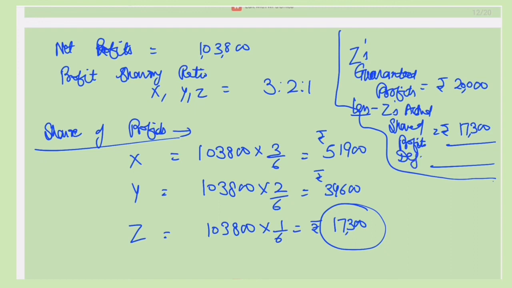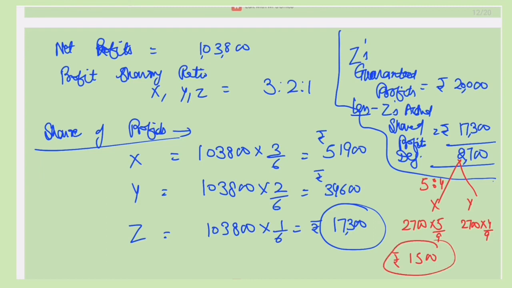We can see very clearly here is a deficiency of rupees 2,700, and this deficiency has to be borne by X and Y in the ratio of 5:4. It means X will bear the deficiency 2,700 into 5 by 9 and Y will bear the deficiency 2,700 into 4 by 9. Now if we see it, it is 1,500 deficiency to be borne by X and 1,200 as deficiency which will be borne by Y.